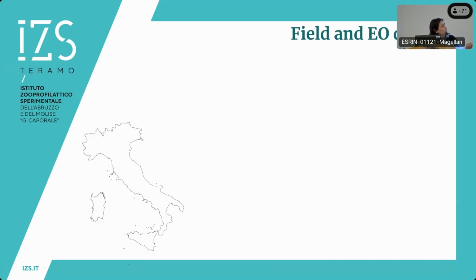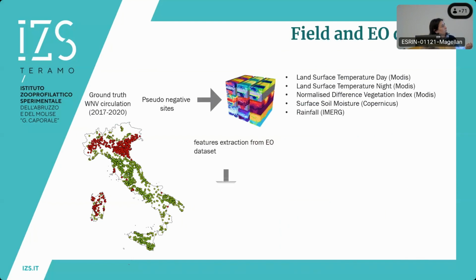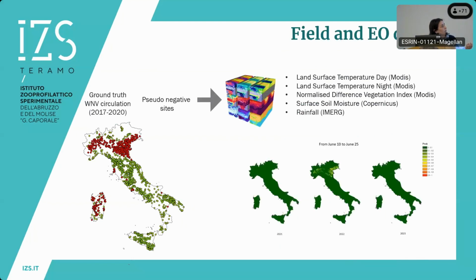In 2022, we had an earlier stage of the climatic and environmental conditions, which increased in the period from June to July, that was not evident in the year before or after. So we are aware that the conditions can change from one year to the other.